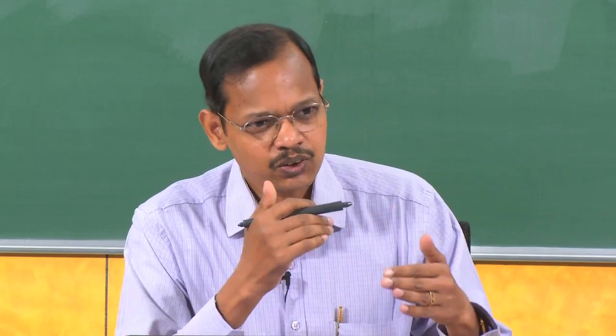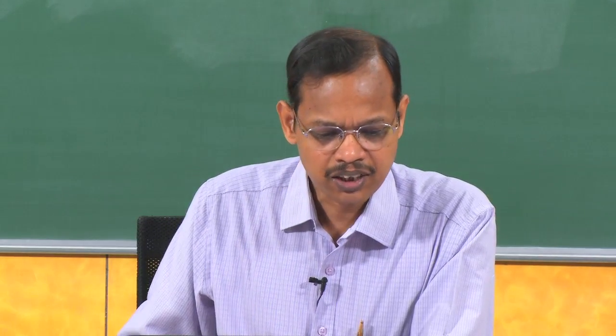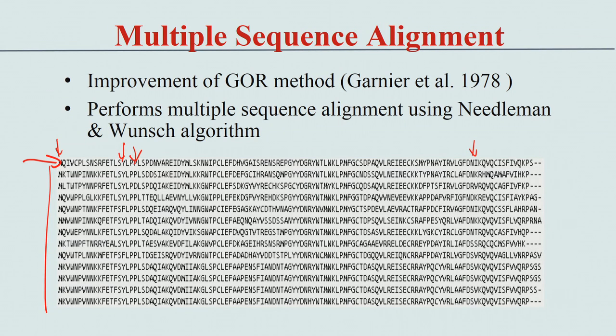Then there is another way to use a multiple sequence alignment for predicting secondary structures. For example, if we have this multiple sequence alignment, this is unknown, and the others are known.